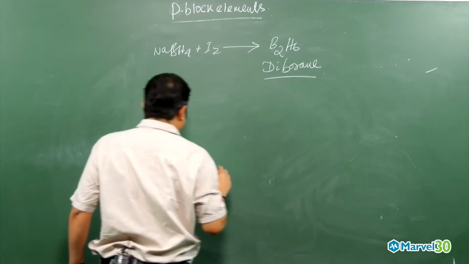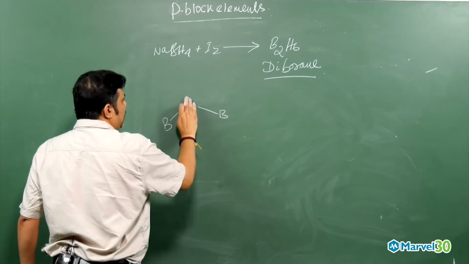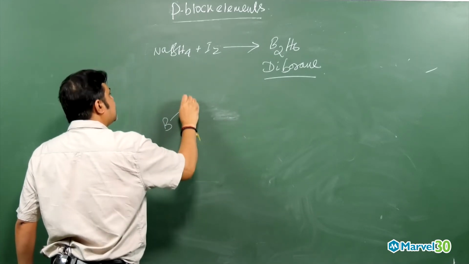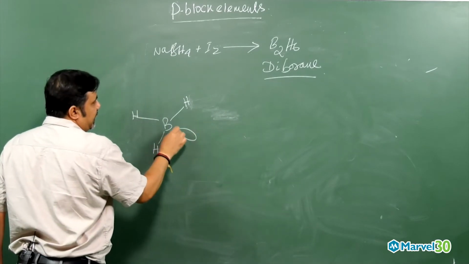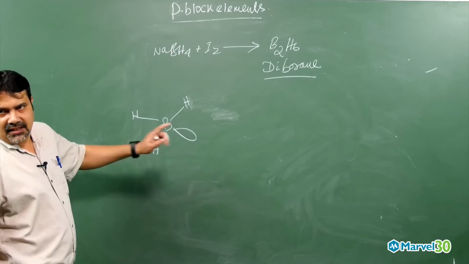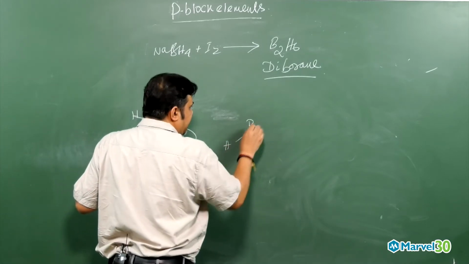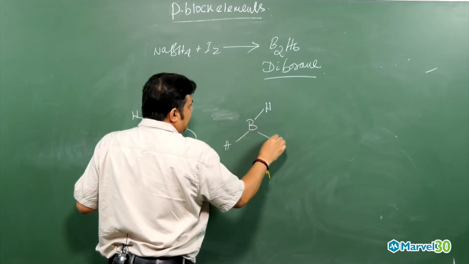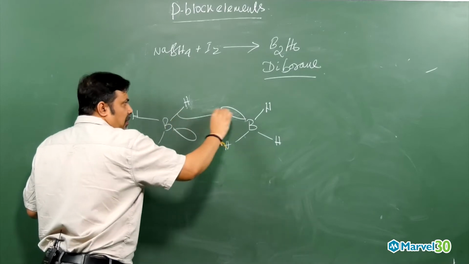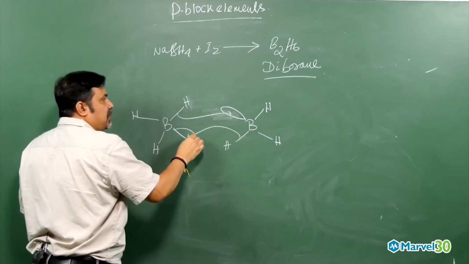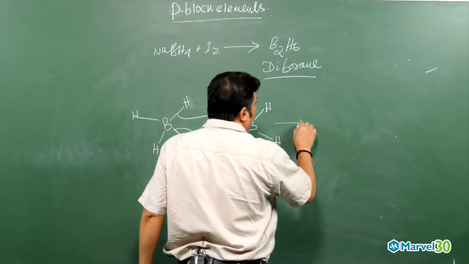And this is the diborane structure. The BH3 structure is like this. This boron has a vacant p orbital, the hybridization is sp2, and it is electron deficient. Another BH3 is like that with a vacant orbital. Now this sigma bond will be donated over here, and this one like this, and they will form this type of compound.